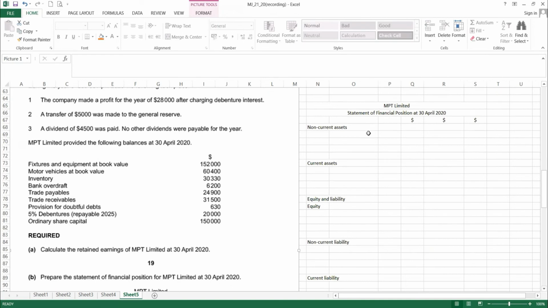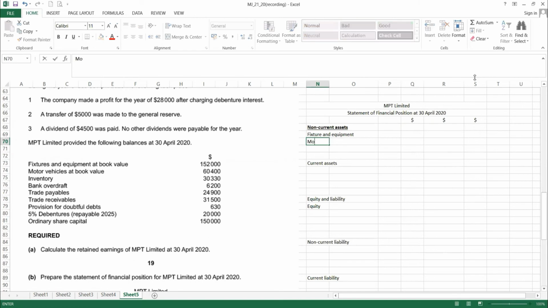Let's see what are the non-current assets that we have. Since they've given us the book value only, in this case, actually, we don't really need 3 columns. Furniture and equipment, they don't have the provision. So basically, not really need 3 columns.